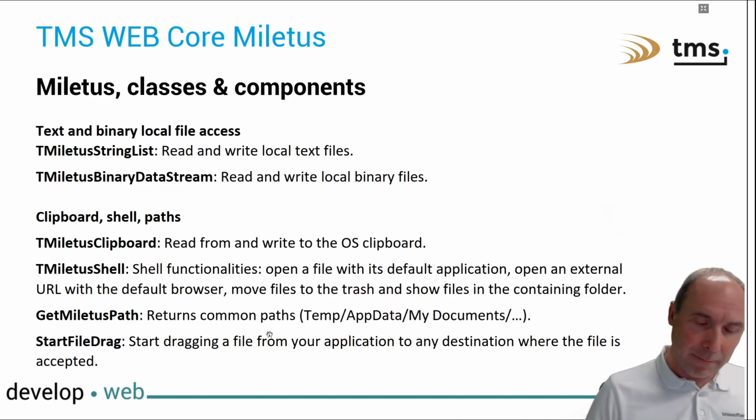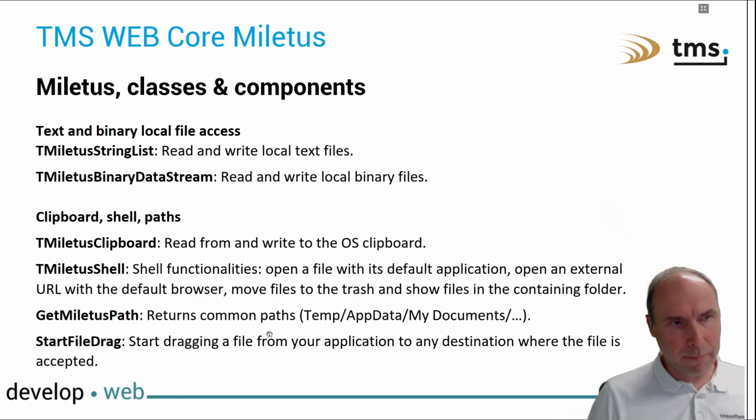We have classes that allow you to have direct local file access, which is the Miletus string list that lets you open and save text files directly on the file system of the operating system, which of course standard in a browser is not possible, obviously, for security reasons. And the same applies for accessing binary data, which you can do with the Miletus binary data stream.